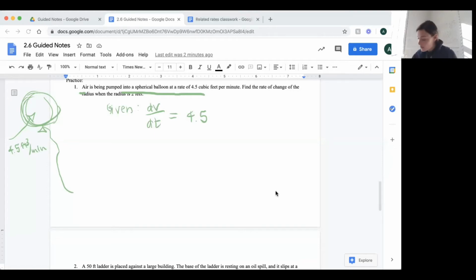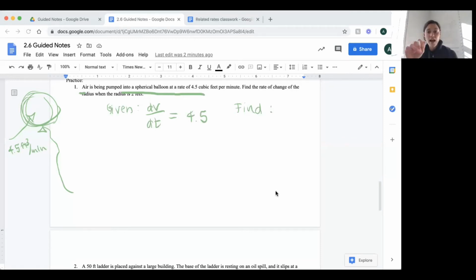Now, I want to talk about what I need to find. Again, whenever you're asked to find or you're given something that uses the words rate of change, that's always going to be derivatives. So that's always going to be d something over dt, depending on what variable it is. So, for example, air is being pumped in. That's dV over dt because it's the volume changing.